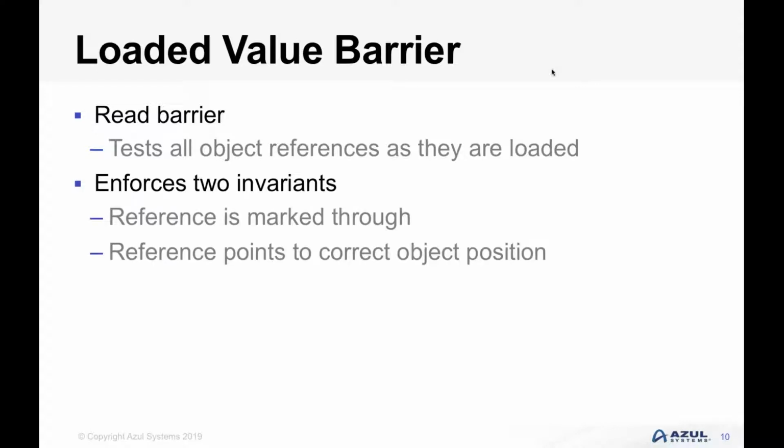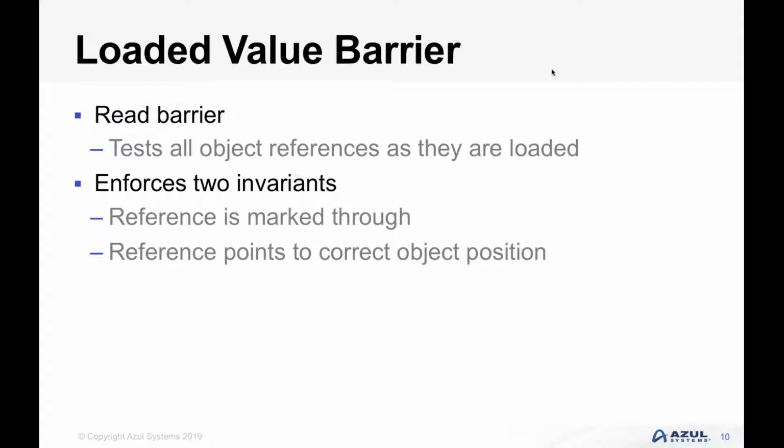By doing that, we can make sure that two rules are always enforced, and two things are always going to be true. And those two things are that if we're in a marking phase, whenever you get a reference to an object, that object will have been marked as an object that is still in use.